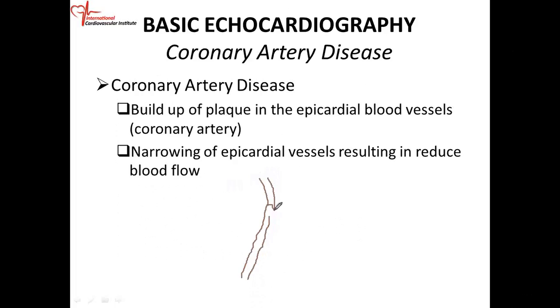And then it's going to have one that loops around the back of the heart. And we call this the left circumflex. Sorry, the drawing is horrible. But anyway, this is the left main.